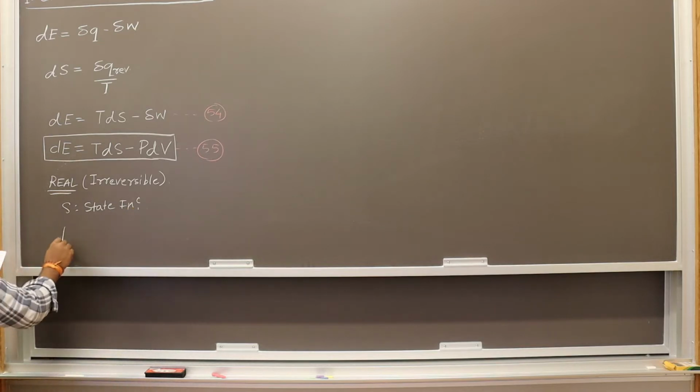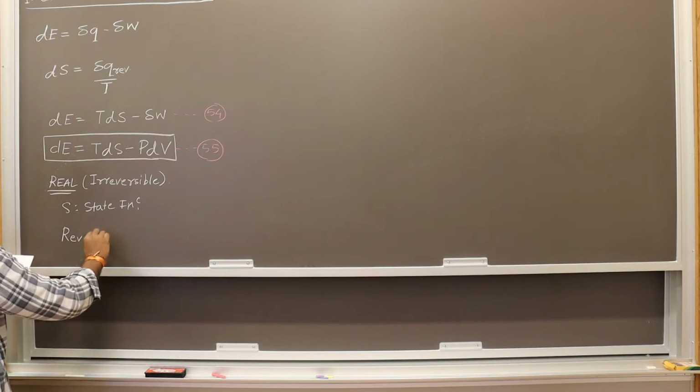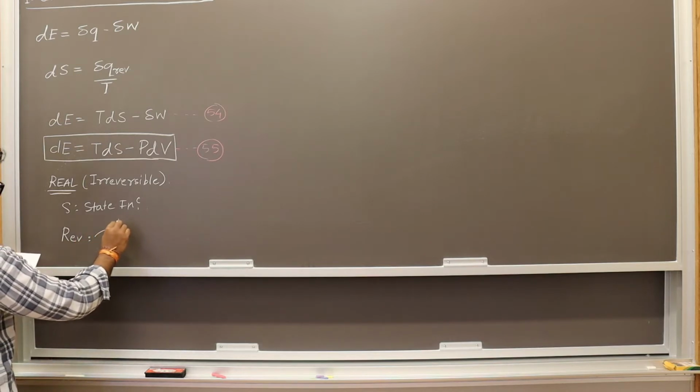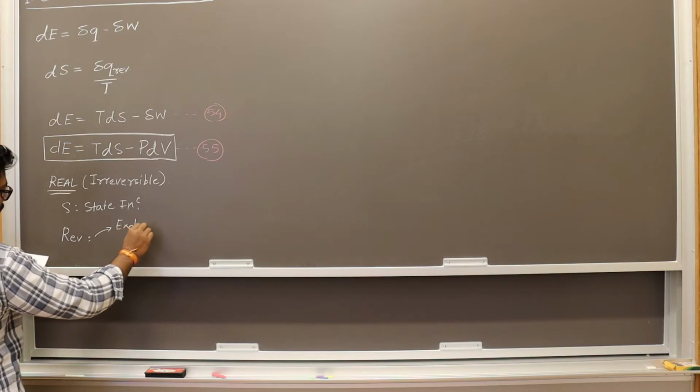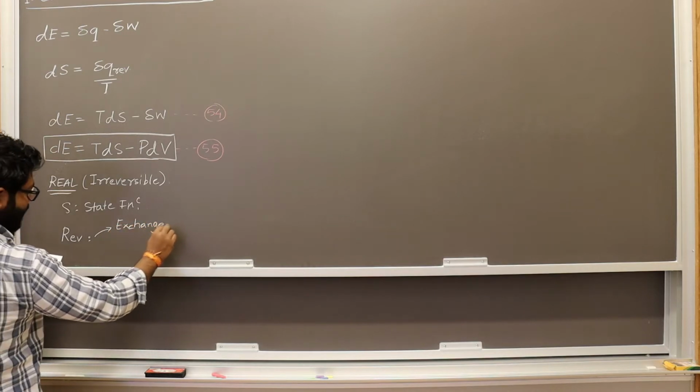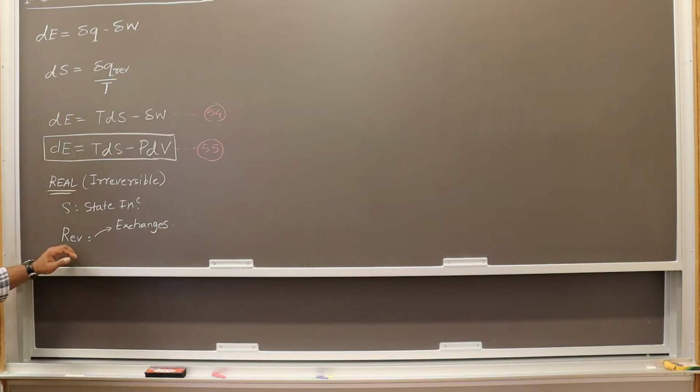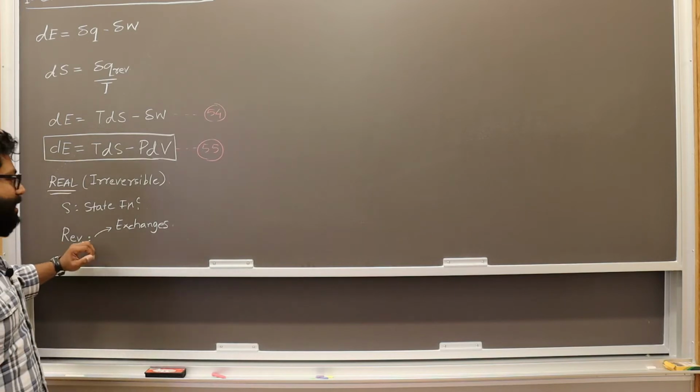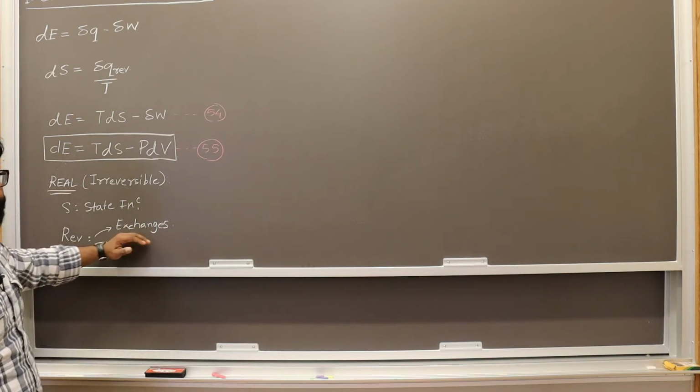The reversible processes, we saw, can only exchange entropy. So the reversible processes cannot produce any new entropy.